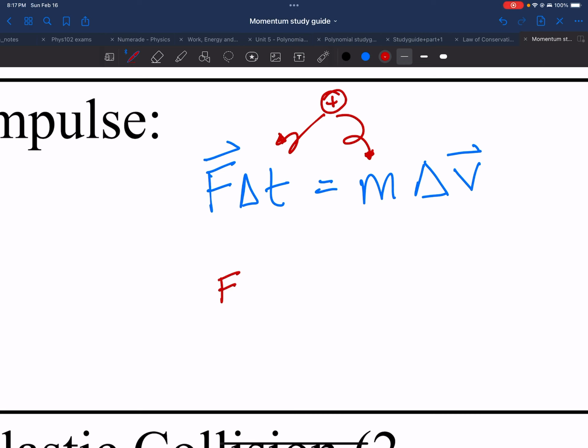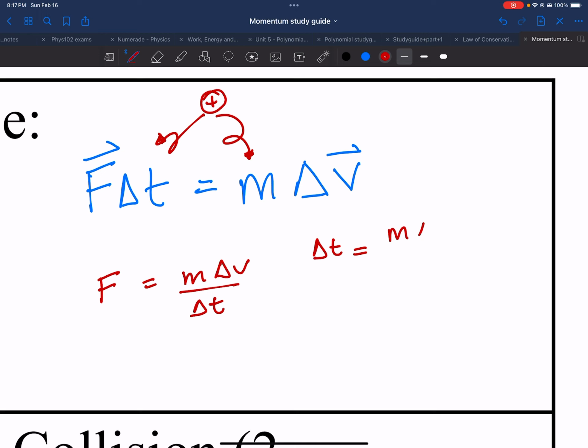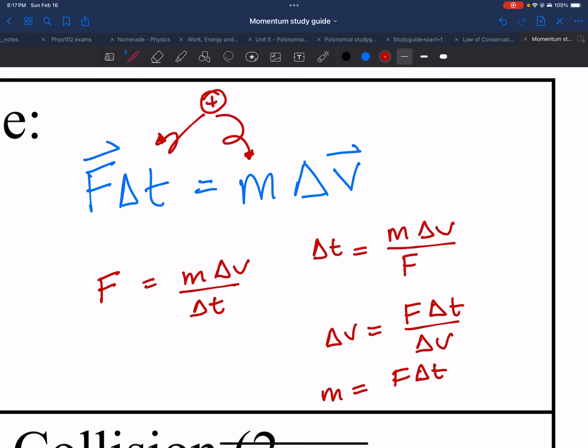If you're solving for force, that's going to be M delta V over delta T. If I'm solving for my change in time, that's going to equal M delta V over F. If I'm searching for my change in velocity, that's equal to F delta T over M. And of course, my mass would be F delta T over delta V. Sorry, I made an error there, I was going too fast.